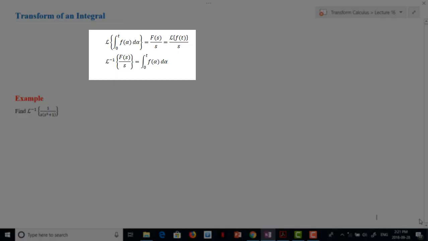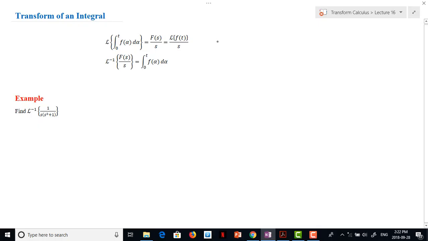Transform of an integral: the Laplace transform of the integral from 0 to t of f(alpha) d alpha is equal to F(s) over s, or equal to the Laplace transform of f(t) over s. Your textbook uses different notation, so instead of alpha it has tau.